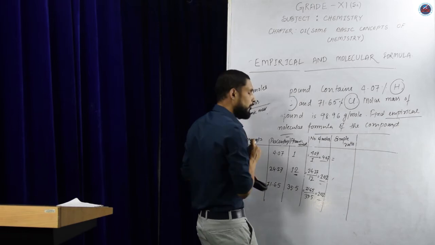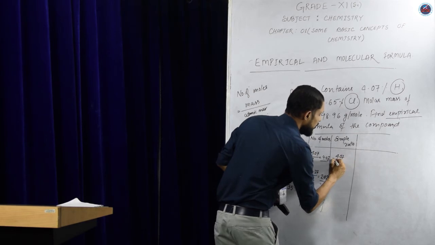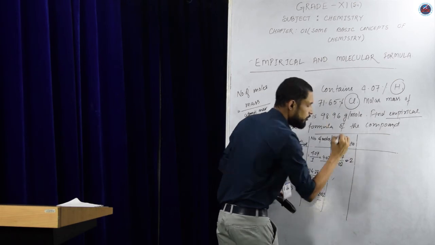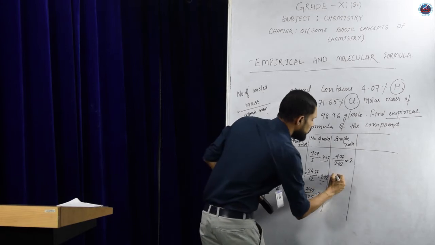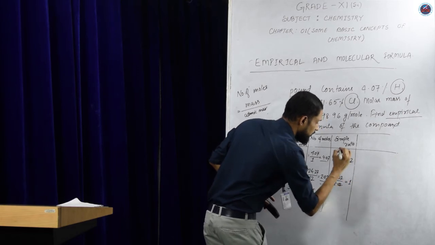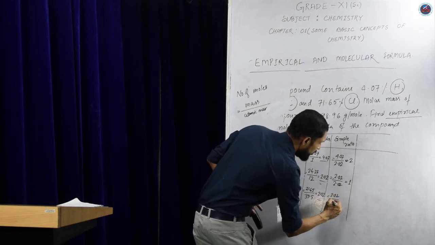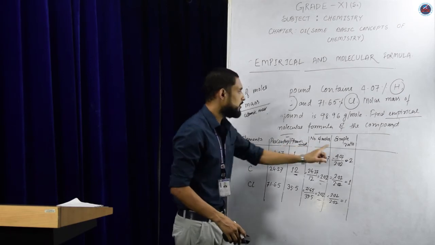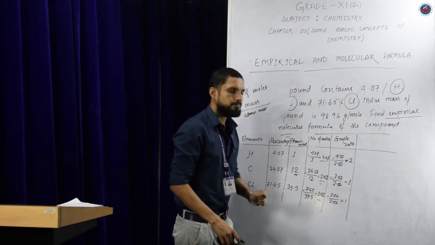So for hydrogen, the simple ratio is 4.07 divided by 2.02, which is equal to 2. The simple ratio of carbon is 2.02 divided by 2.02, that is equal to 1. Simple ratio of chlorine, 2.02 divided by 2.02 is equal to 1. So the simple ratio of hydrogen is 2, carbon is 1, and chlorine is also 1.